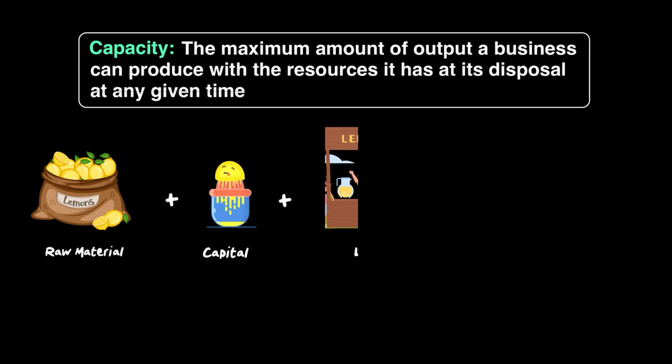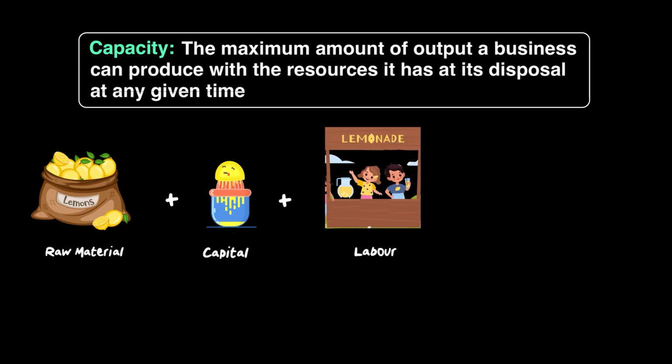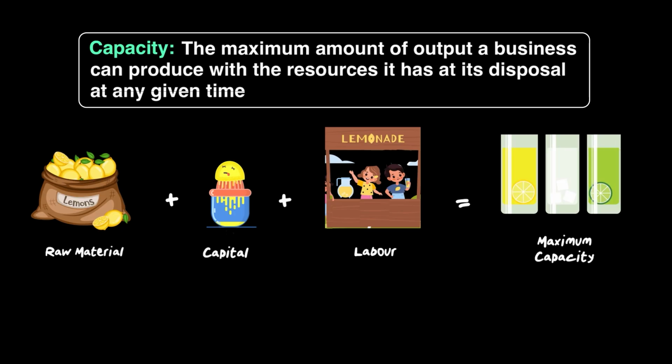Plus you will need some labor, so you may have two people who are serving it out there on the streets. So when you combine all of these resources together, the maximum output that you could come up with is what we call our maximum capacity. So let's say you had 100 lemons, you had two of these machines, and you had two people working on it. If you put 4 lemons in each glass, then you know that your maximum capacity is 25 glasses of lemonade.